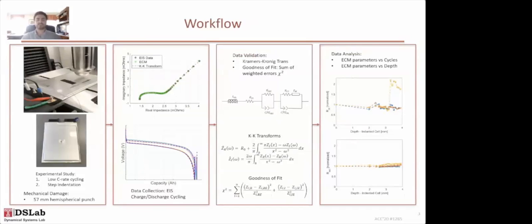The mechanical damage applied to the cells in this study is a 57 millimeter hemispherical punch. We collected EIS data and modeled the cells using a distributed equivalent circuit model. This model can be seen here in the third box to the right. Data analysis was performed to determine the trend of changes in the ECM parameters due to controlled mechanical damage.